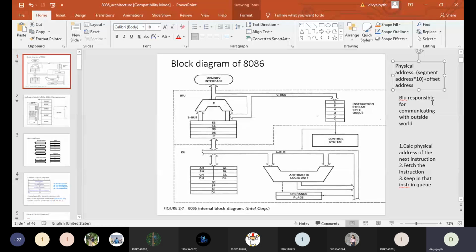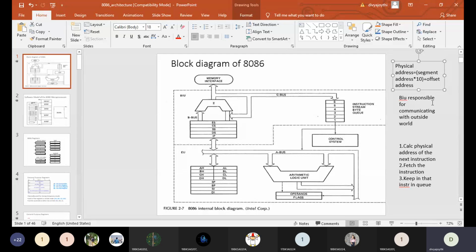Each row will have some starting address and ending address, isn't it? Book number 1 to book number 199 will be in the first row. In a similar way, 200 to 299 in the second row, 300 to 399 in the third row, 400 to 499. So when there is a segment or a row, there will be a starting address and an ending address of that segment.